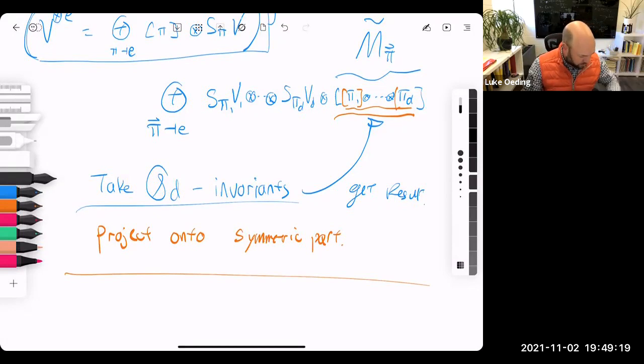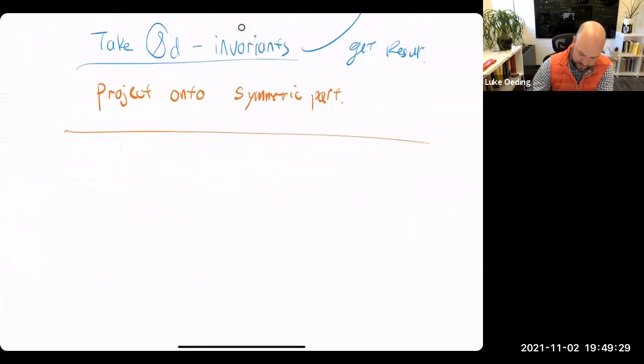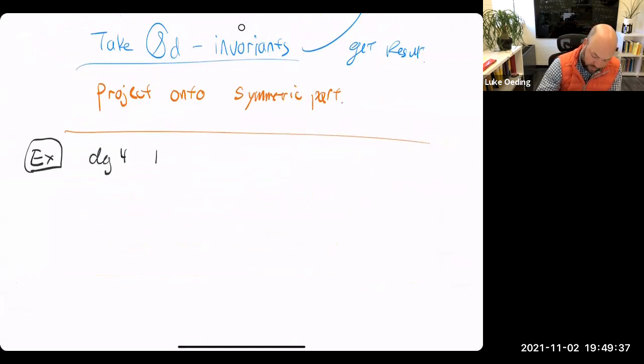Just arranging my notes here. So let's do this in an example. And I hope that you'll be able to infer the general case from this example. So let's do an example of degree 4 binary invariant for C2 tensor, C2 tensor, C2.